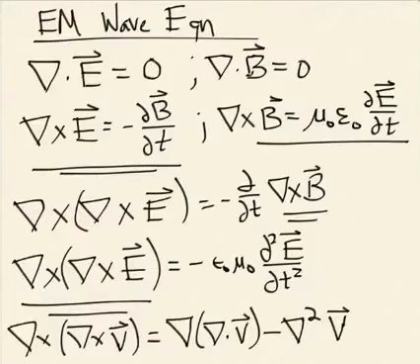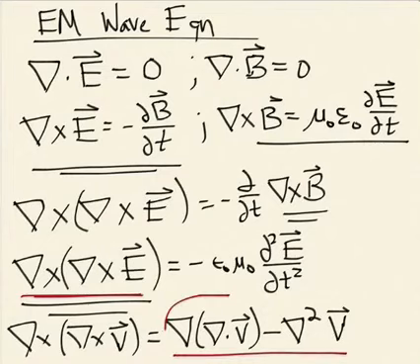So if I now look at the bottom here, what I can do is replace the curl curl of E with this expression. Because we're in a region where there are no charges, this part will be 0, because divergence of E will be 0 in that location.